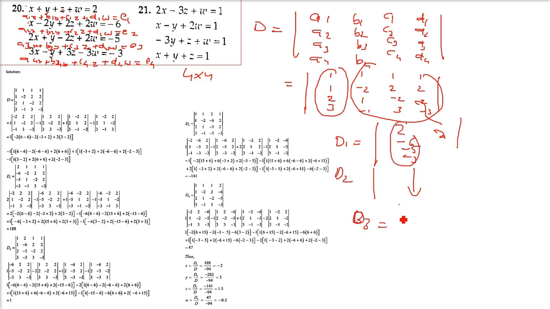The third will be replaced by 2, minus 6, minus 5, minus 3. For D4, you are going to replace the fourth column by 2, minus 6, minus 5, minus 3. The rest will remain as it was in D. It will take some time, but X is D1 by D, Y is D2 by D, Z is D3 by D, and W is D4 by D.